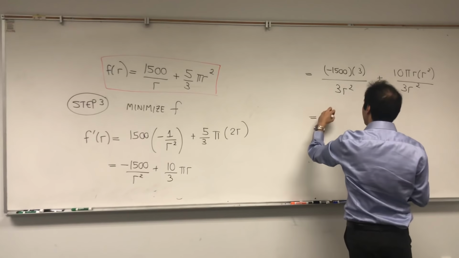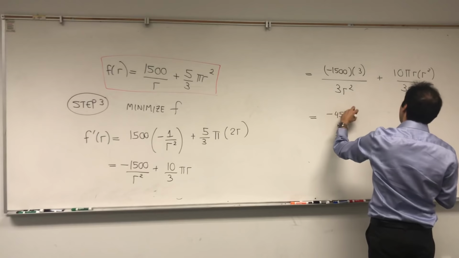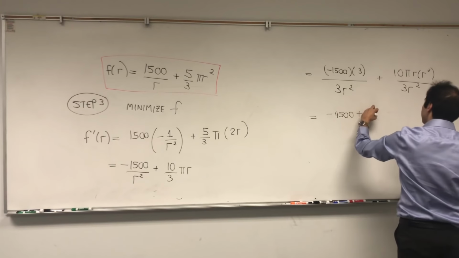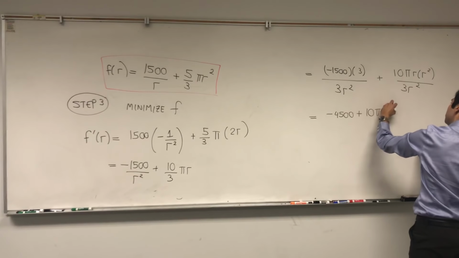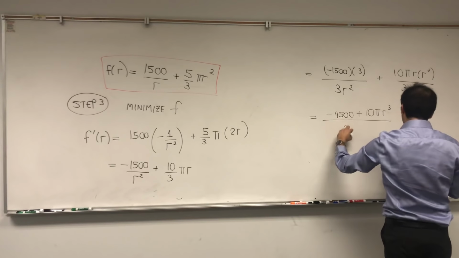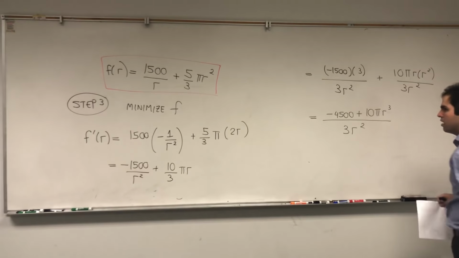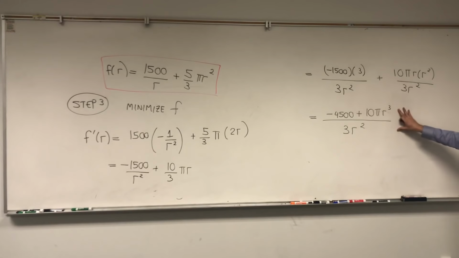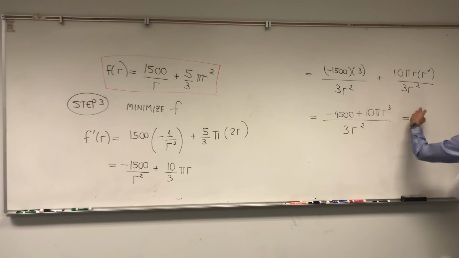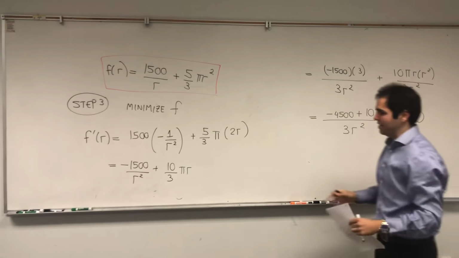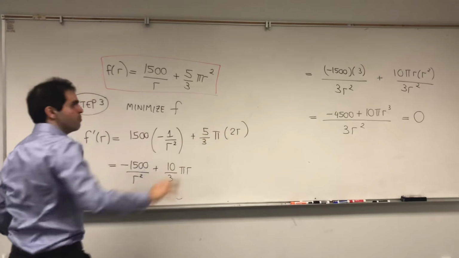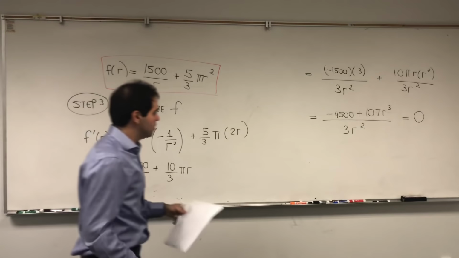And what you end up with is minus 4,500 plus 10 pi r cubed over 3r squared. And now you want to set it equal to 0 because we want to find the critical points. We want to figure out when f prime is 0.